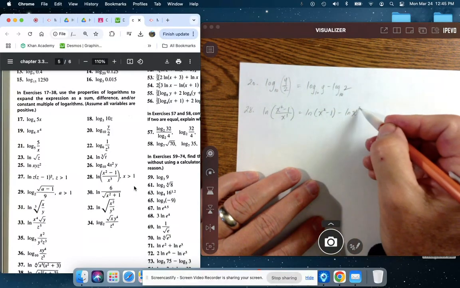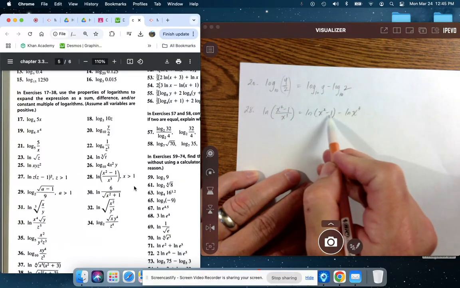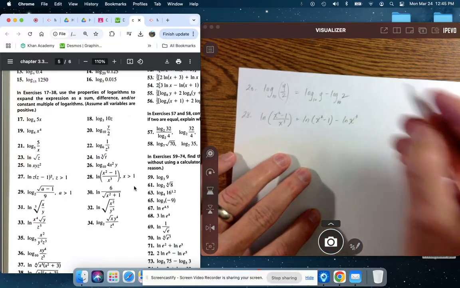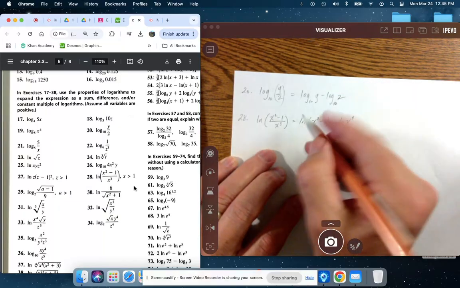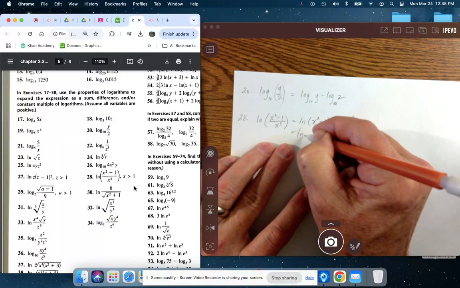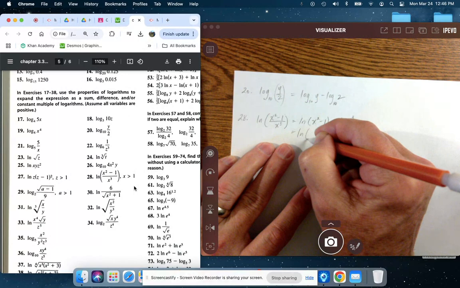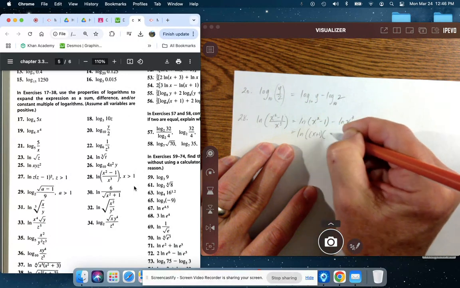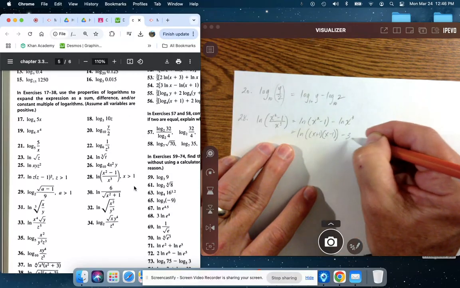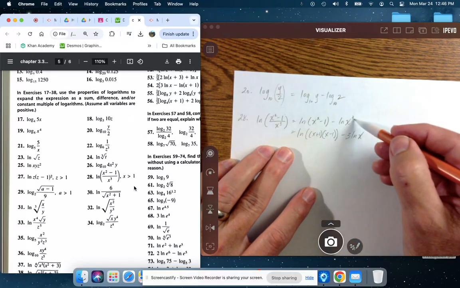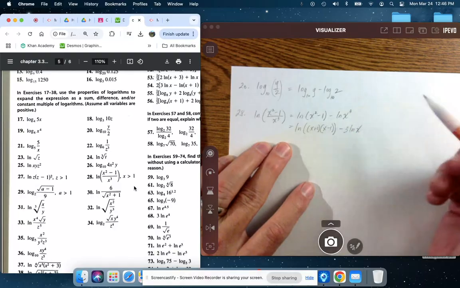Well, that 3 could go out front. This factors, so I'm going to factor that. So let's see what I get when I do that. So I'll just write it down here. So natural log of x plus 1, x minus 1, minus 3 natural log of x. So I took that 3 and put it up front, and I factored x squared minus 1.